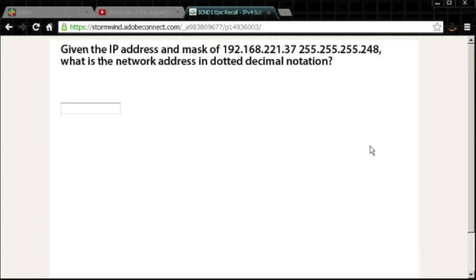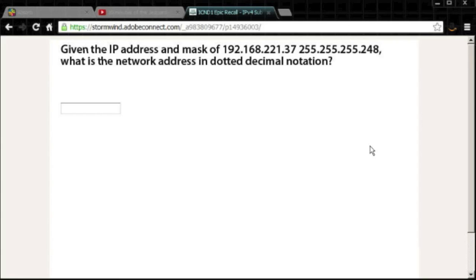Given the IP address and mask of 192.168.221.37, 255.255.255.248, what is the network address in dotted decimal? 248 and 37.